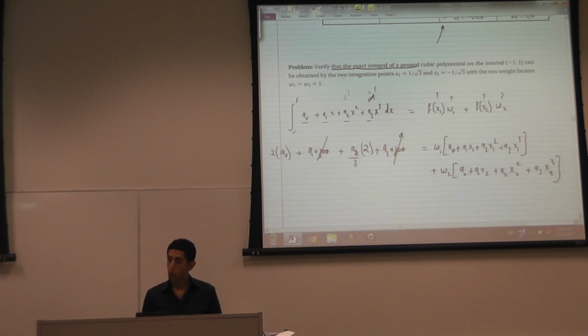So how many equations? To make sure this works for every A0, A1, A2 and A3, I have to make sure that the multipliers of A0 on the left are equal to the multipliers of A0 on the right. So first equation, W1 plus W2 is equal to 2. Those are the multipliers of A0. Multipliers of A1: 0 is equal to W1 x1 plus W2 x2.